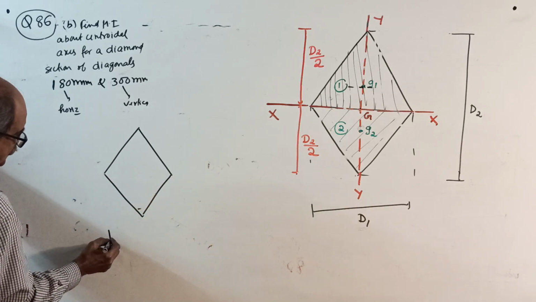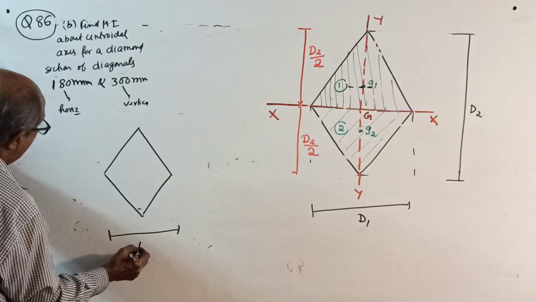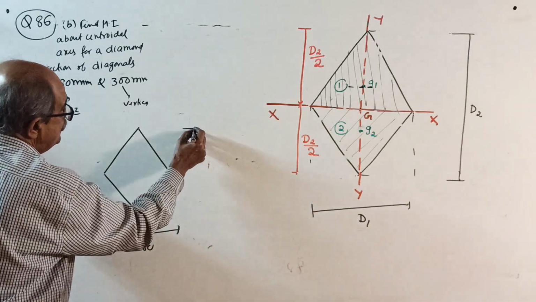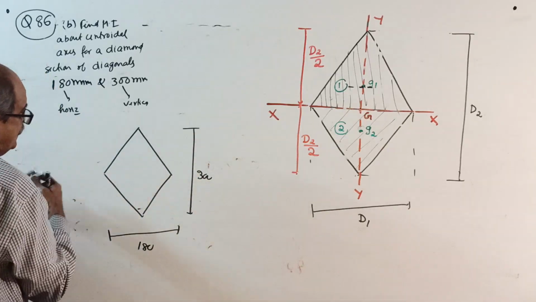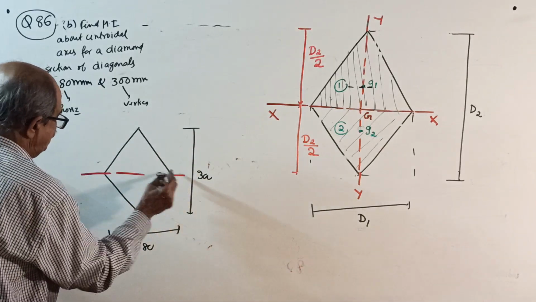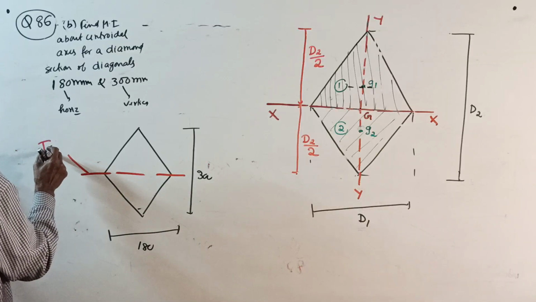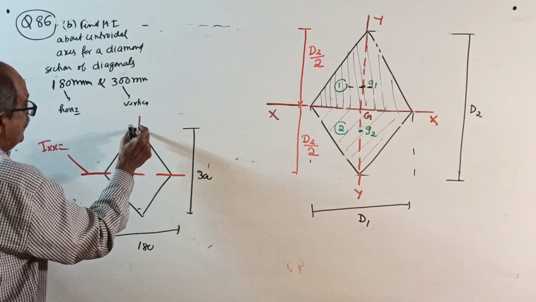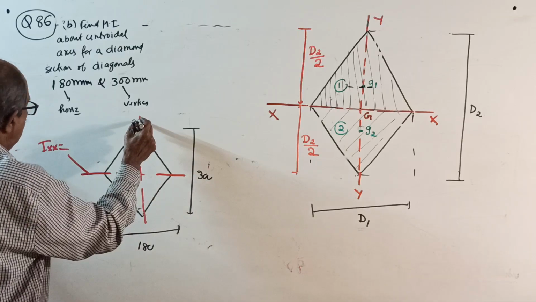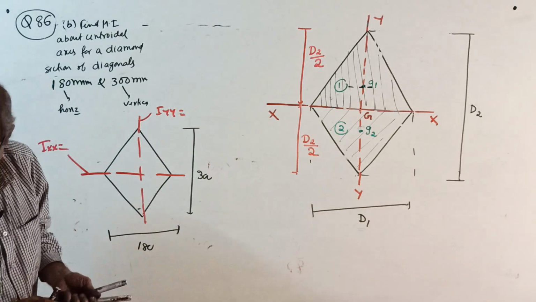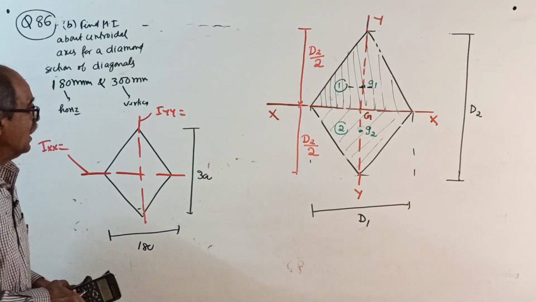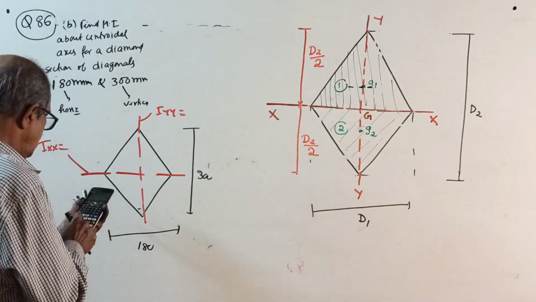So this you take 180, this you take 300. Now directly mark the x-axis. I will give the answer for you, and you should solve the exercise. This is I about yy. I will use the formula because I only derived it.